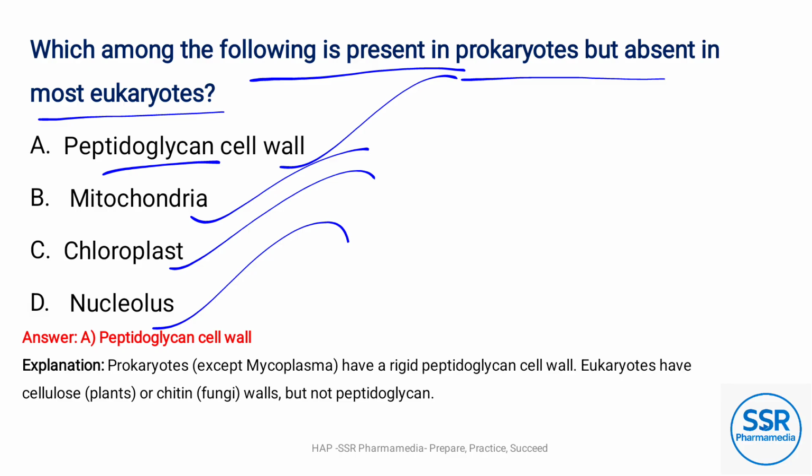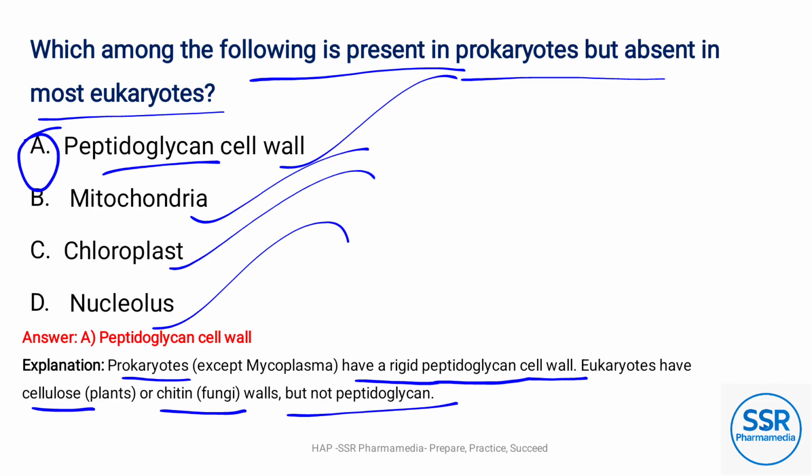So the answer is option A, peptidoglycan cell wall. Prokaryotes, except mycoplasma, have a rich peptidoglycan cell wall. Eukaryotes have cellulose in plants and chitin in fungi cell walls, but not peptidoglycan.